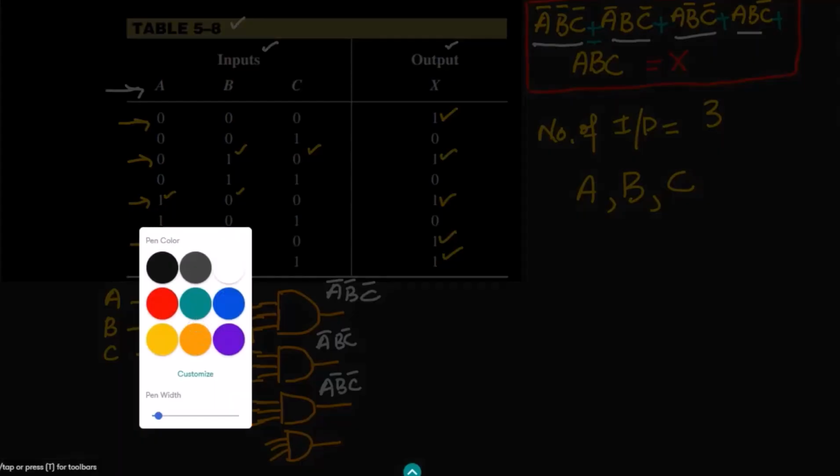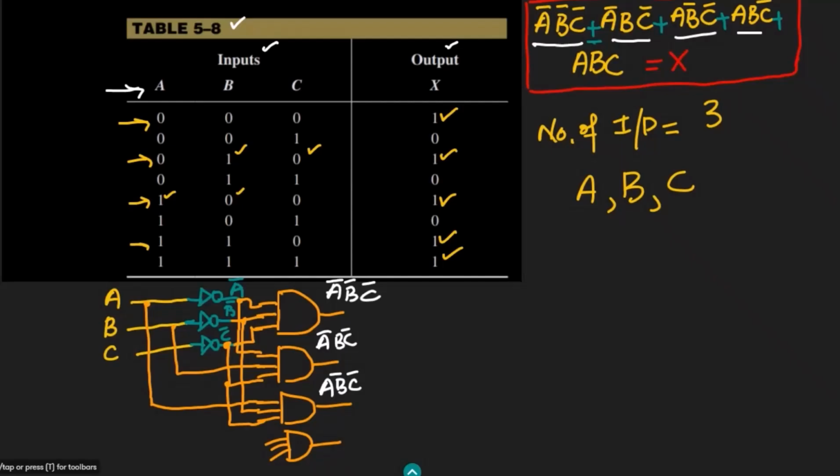So A and B are both here, so let me use this A for it here, B for it uncomplemented here, and C is complemented. So therefore it will be here, and what I will get here is A, B, C complement.